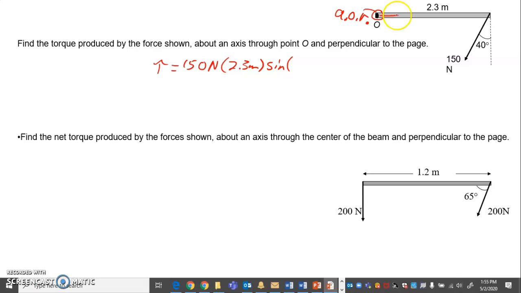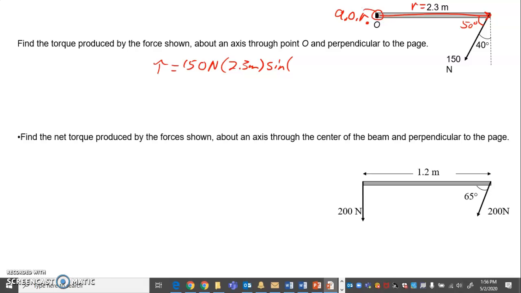But watch. My position vector R here and my force vector F, the angle is this angle. So the angle is actually 50 degrees. Okay? So if you had just put 40 in there, you would have been off by a notable amount. Not a lot, but it definitely is the wrong angle. So you want to make sure you're using the right angle.